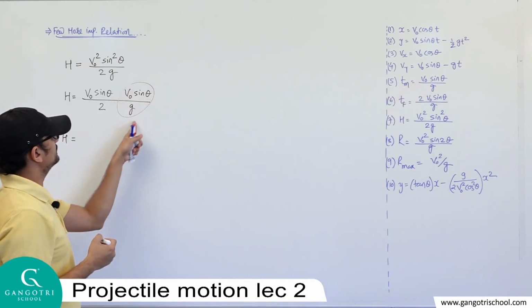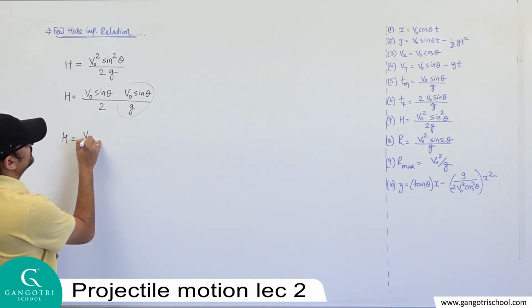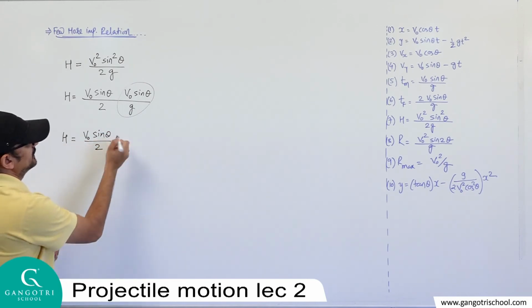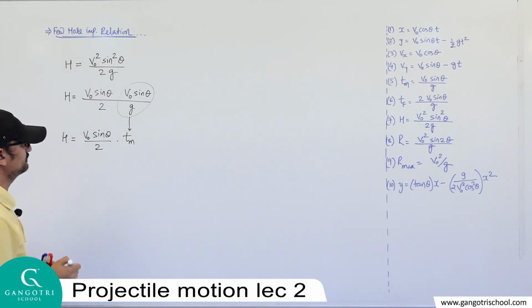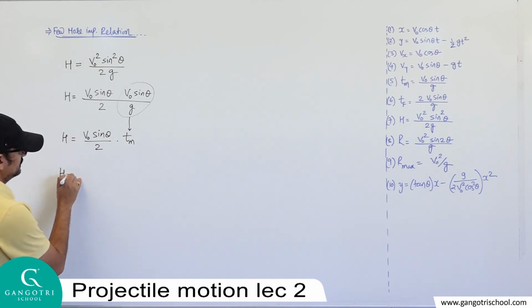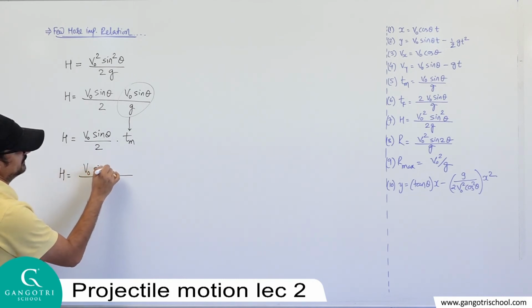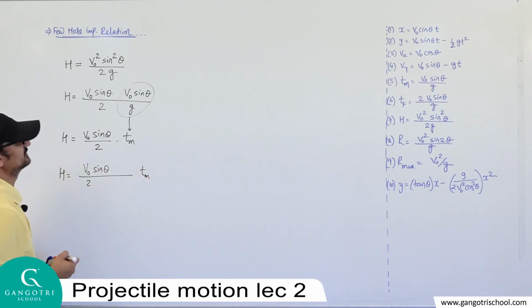So instead of this term v0 sin theta upon g, we can write Tm. So here v0 sin theta upon 2 as it is, instead of this we can write Tm.